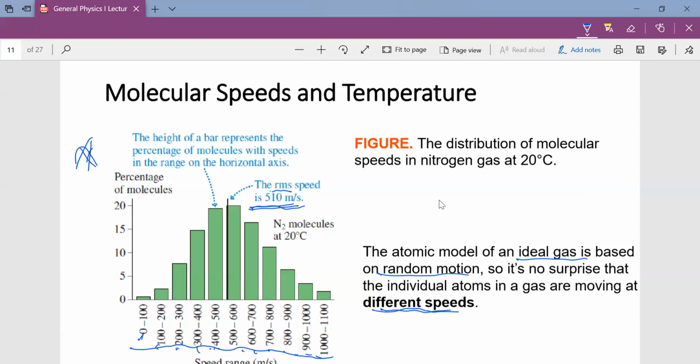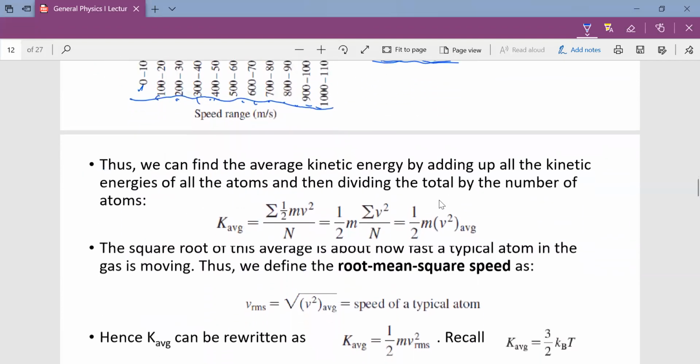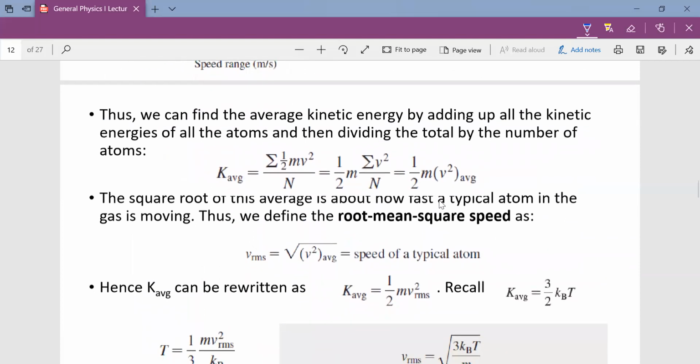From the kinetic energy equation, velocity is a squared value, and we'll have to take the average velocity of each of these particles. Because it's a squared value, that is what brought about the idea of the root mean square, which we'll be looking at again now.